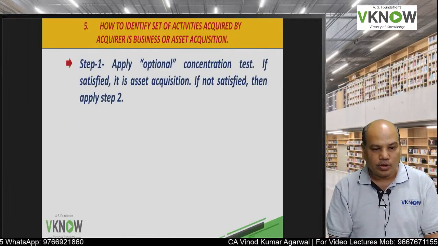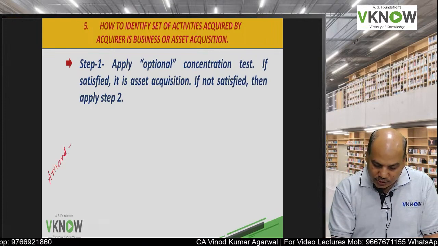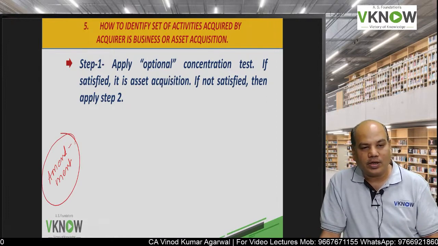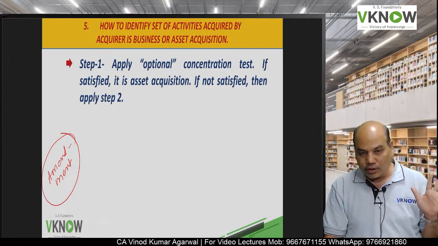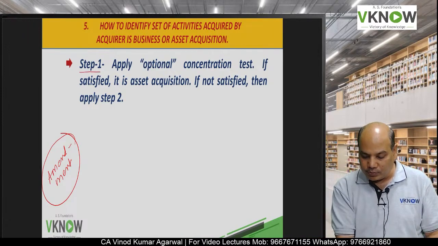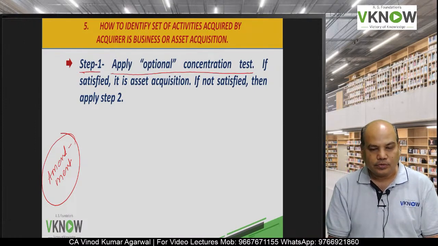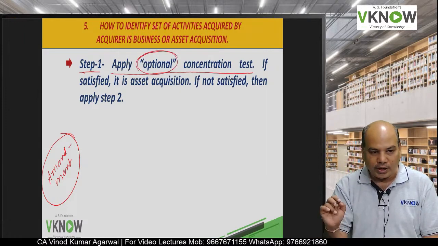Now this is an amendment in 2020 in the definition of business and how to identify whether a set of activities is a business or not. So they have said, step 1, apply the optional concentration test. Optional means this is not mandatory, you can apply it.